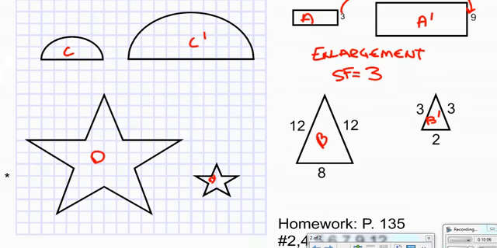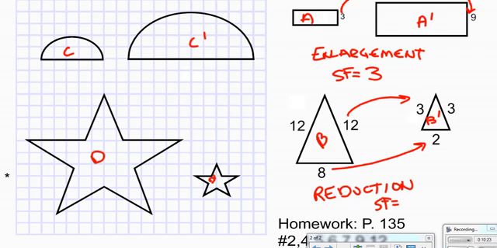Looking at the second one, it's going from big to small, so it is a reduction. It's getting smaller. And the scale factor has to be less than 1. So I have to go from 12 to 3 and 8 to 2. So I know that means I have to divide by 4. And I need to think, okay, well, what could I multiply by that's the same as dividing by 4?